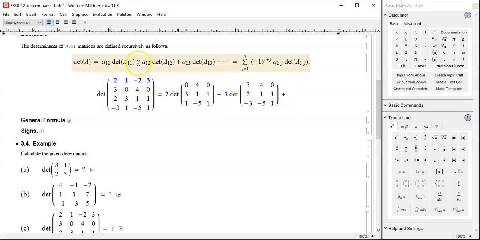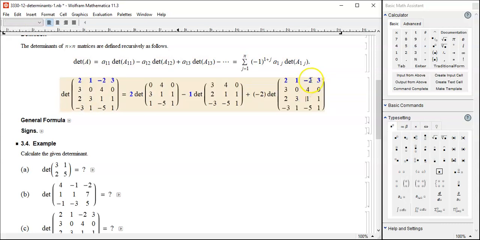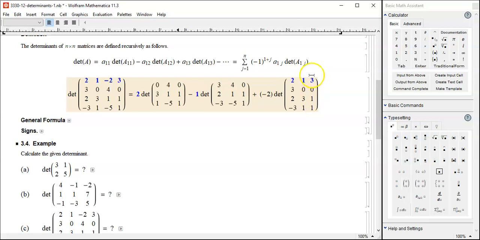And then we have plus, minus, plus this number. So -2, determinant of that, and I'm using this number. So I have to remove first row and the third column. So third column out. First row out. So far so good.